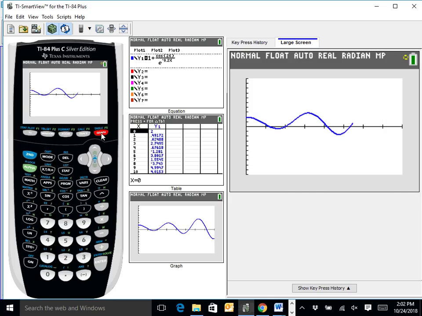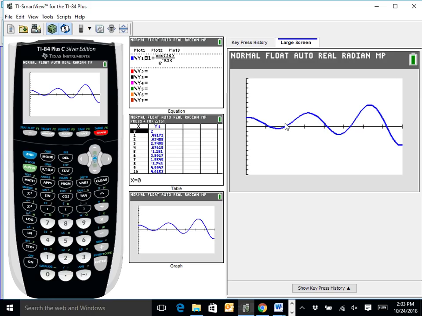So I see a nice kind of cool wavy line here. Now here's something where this screen is a little bit sharper than your TI-84. This right here, it might be difficult to tell if that is two distinct zeros with multiplicity 1, or it might look on your calculator like 1 zero with multiplicity 2.